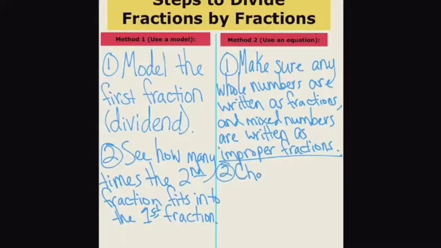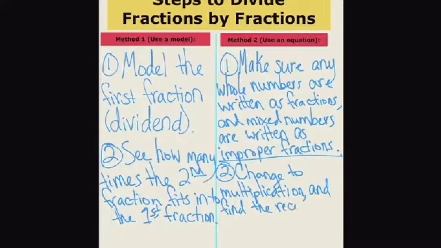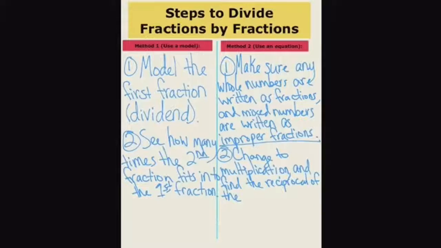So again, change to multiplication and find the reciprocal of the second fraction. And then our third and final step is to multiply, like you've already learned how to do.